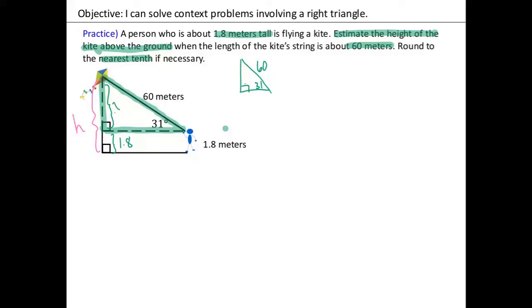So this I'm going to call x. So to get the total height, I'm going to have to take my x value and add the person's height of 1.8 meters. And that'll give me my total height above the ground for the kite. Okay? So you guys are going to go finish this problem and see if you can solve for your final height.